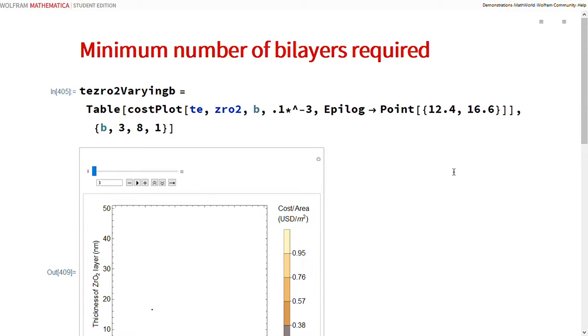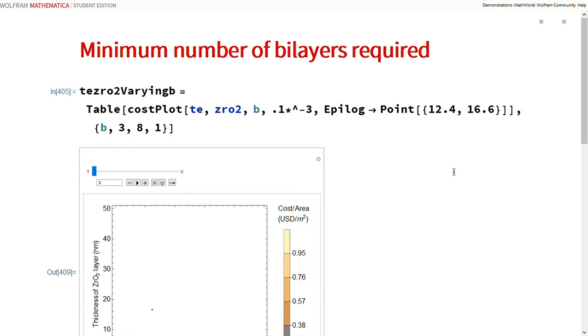So moving on from the materials, it was necessary to determine how many bilayers would be required in order to get the optical properties that were desired. So a number of materials were weeded out as suitable for this application, and that included mostly tellurium compounds, or not compounds, but material combinations that included tellurium and one other material, such as tellurium and silicon dioxide, tellurium and polystyrene, tellurium and silicon monoxide, and tellurium and zirconium dioxide.